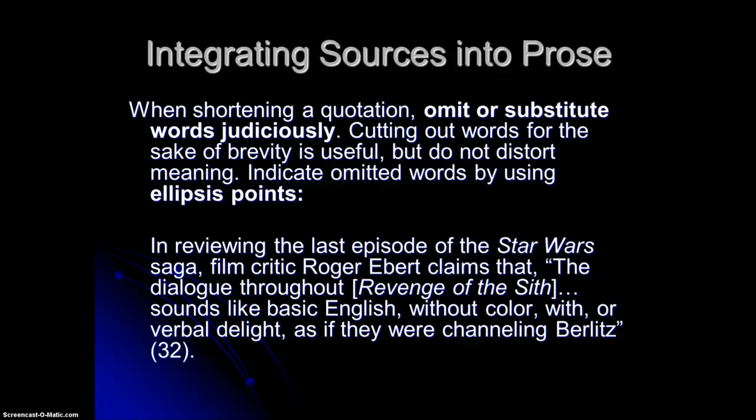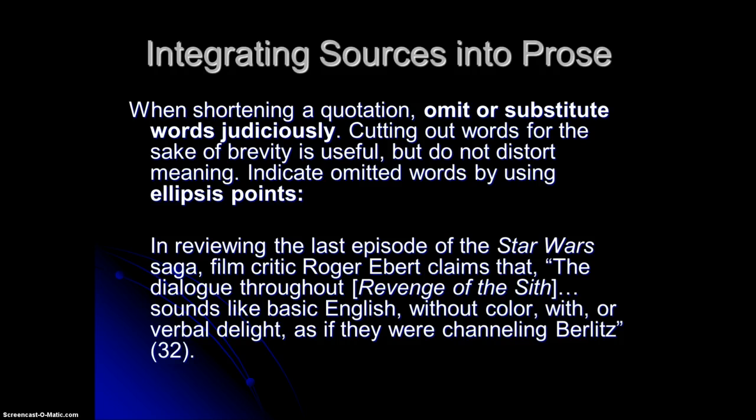When you're integrating sources into prose or integrating direct quotations, you want to be careful about the words that you omit or substitute. It's useful to do this to make a quote fit grammatically, or to make it cut out unnecessary prose, but you don't want to distort meaning. You need to indicate omitted words with ellipses.